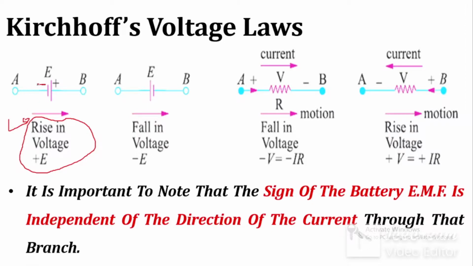This battery has its individual sign, minus and plus, so current will move from minus to plus, and that is known as a rise in voltage, which is taken as positive. In this other case current moves from plus to minus, so that is known as a fall in voltage, and it is taken as negative.